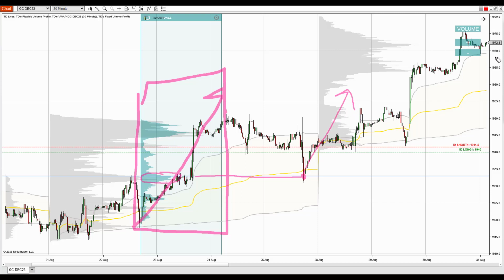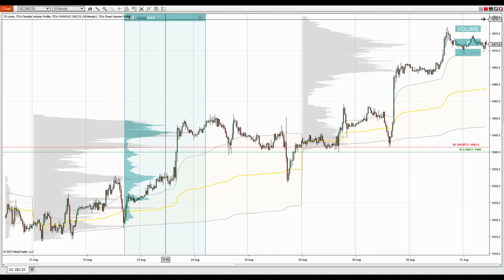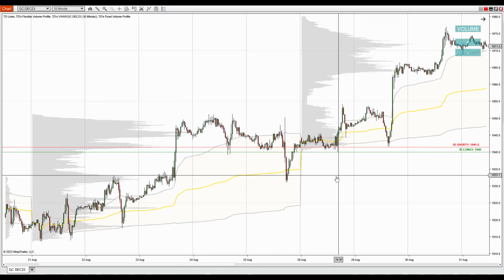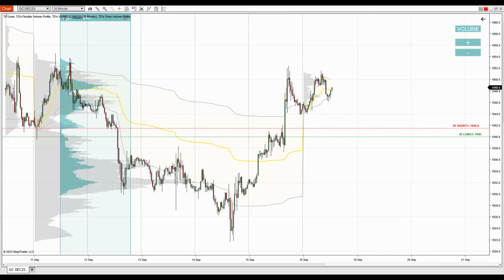So this is how the trend setup is supposed to work. And those levels I showed you are already tested, but this new support at 1940 hasn't been tested yet. So currently we just need to wait for that pullback and take it from there. All right. So that's for that.